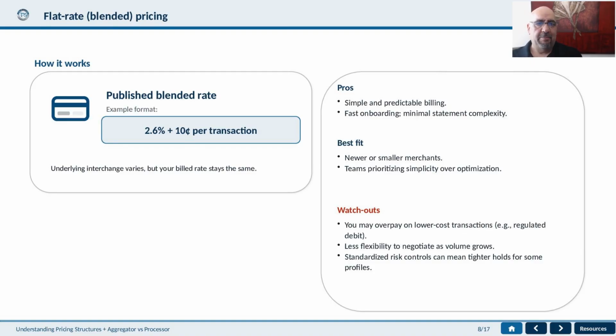Just to give you an example of why interchange is so much better than a blended rate, let's say you're doing a debit card, where the interchange cost is 0.5% and 15 cents a transaction. At 2.6, they just made 1.4.